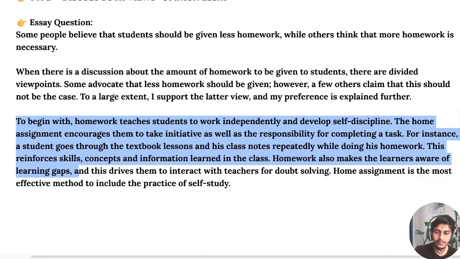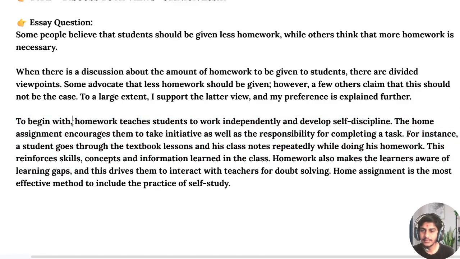So now we explain. Our topic sentence is: homework teaches students to work independently and develop self-discipline. This sentence answers why homework is good, and words like independently and self-discipline are band 7 plus vocabulary.